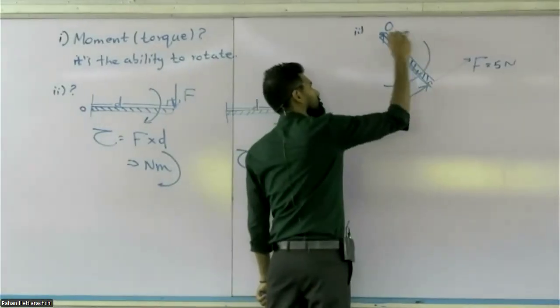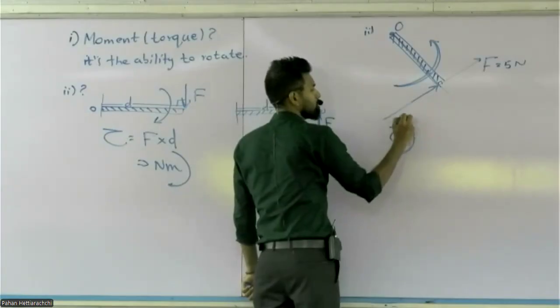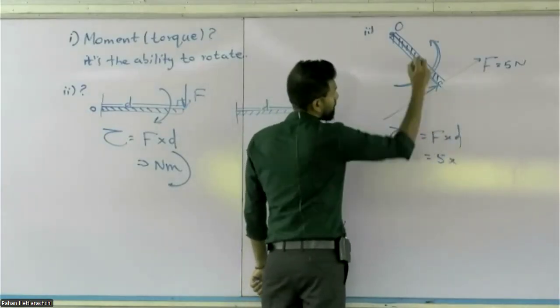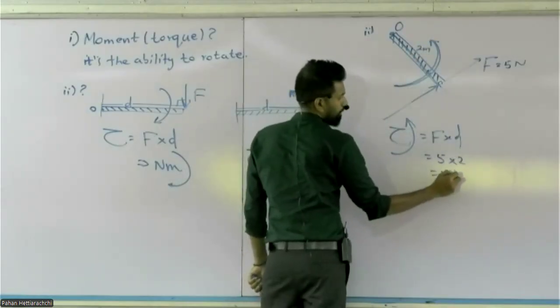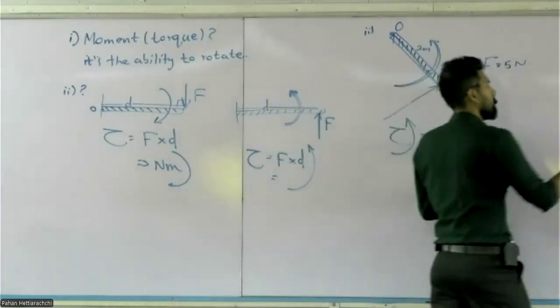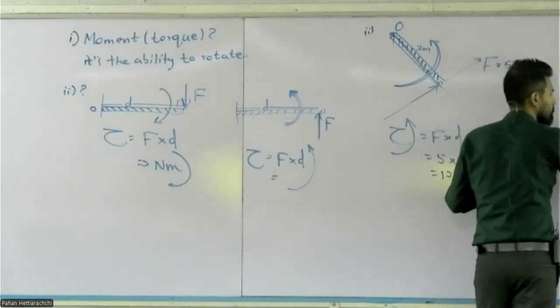It will rotate like this, so it's an anti-clockwise moment. What's the value? F into D, 5 into, say, 2 meters, which is 10 Newton meters.